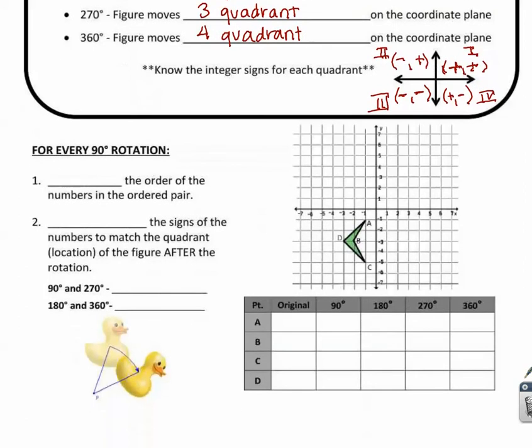So looking below, for every 90-degree rotation, switch the order of the numbers in the ordered pair. And then step 2, you want to change the signs of the numbers to match the quadrant or location of the figure after your rotation.